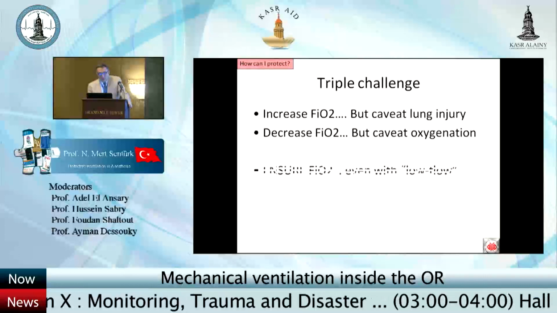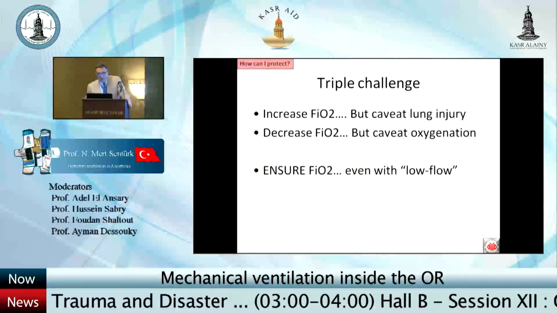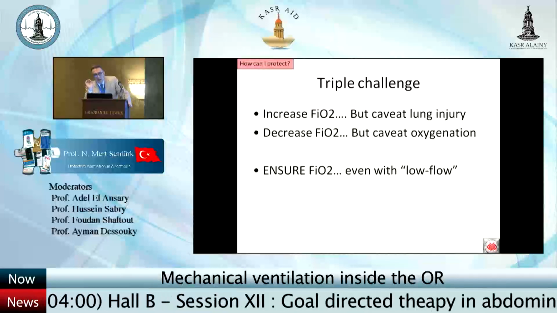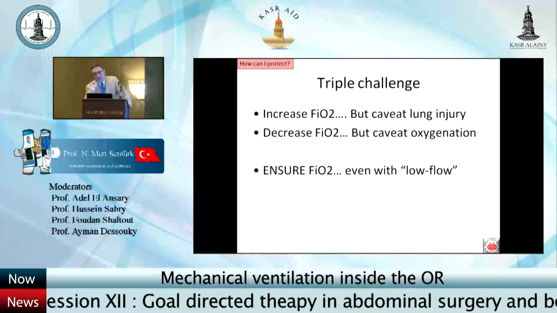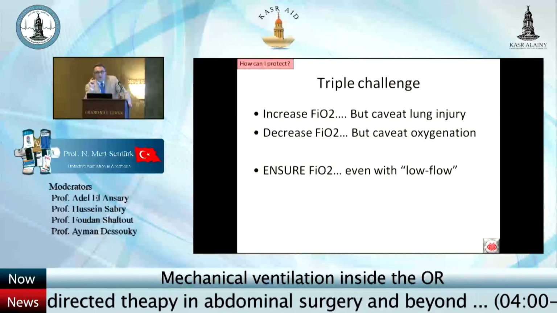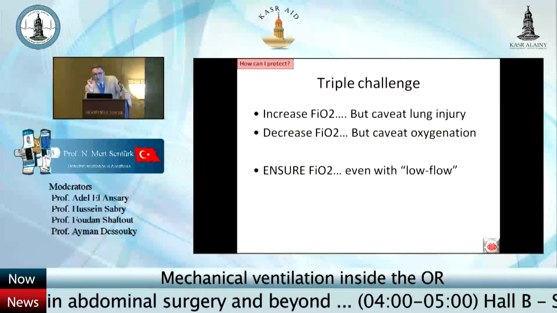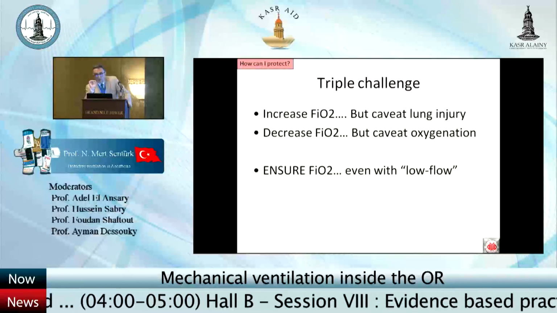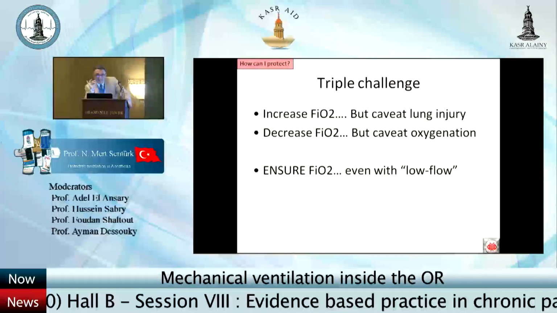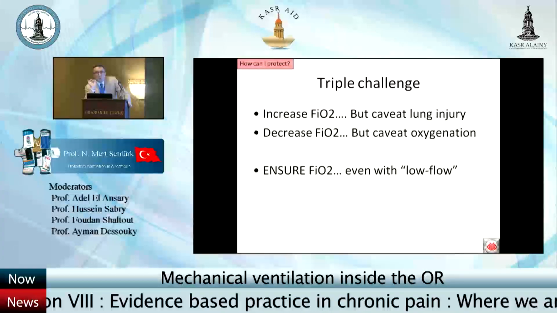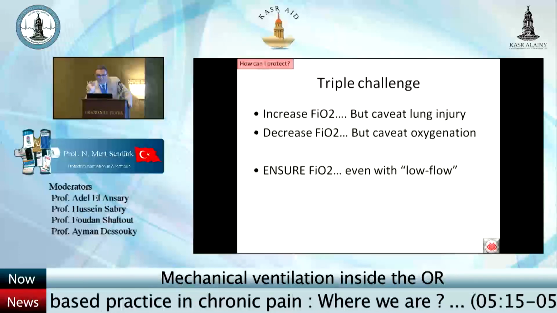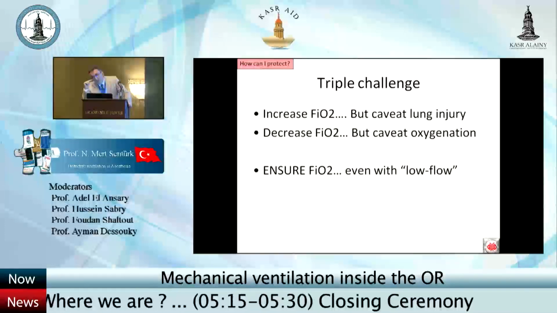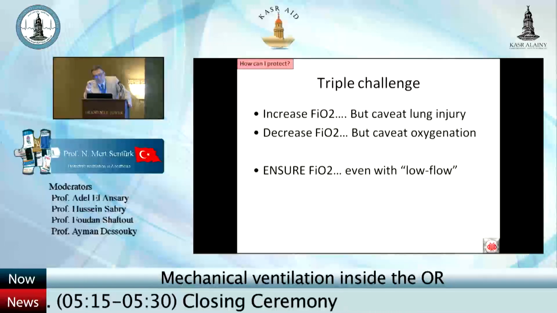Regarding the FiO2, we have to personalize, we have to tailor the level of the FiO2. First of all, we have to increase the FiO2 to maintain good tissue oxygenation. But we have to decrease the FiO2 to prevent lung injury. So we have to find a level within the safety margin.